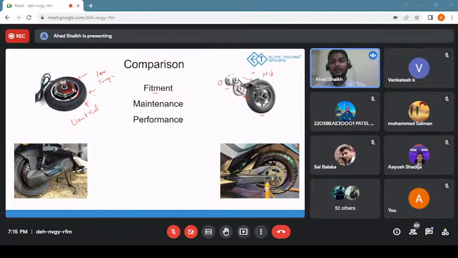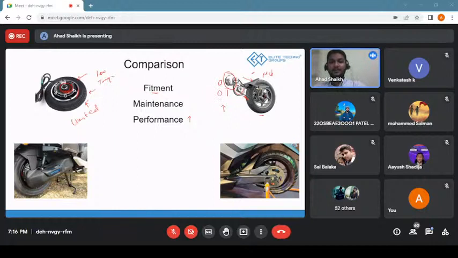But in the case of mid-drive motors, whatever bikes you see now, which reach around 80, 90, or even 100 kilometers per hour as manufacturers claim, are all using the mid-drive motor mechanism, because it is the only way we can achieve high performance. We can enhance the torque by integrating high transmission ratios, and RPM can also be increased.